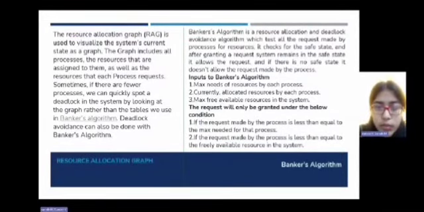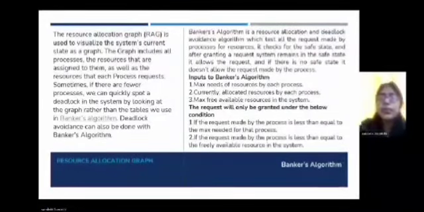The request will only be granted under the below conditions. First, if the request made by the process is less than or equal to the max needed for the process. Second, if the request made by the process is less than or equal to the freely available resource in the system.